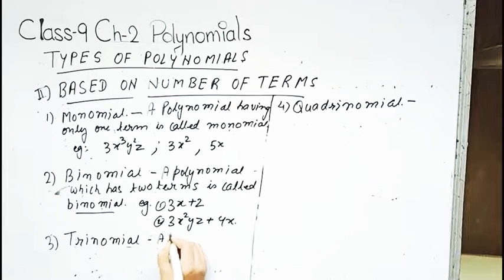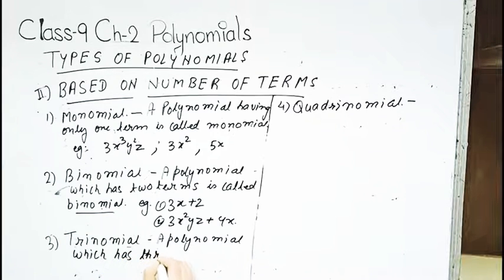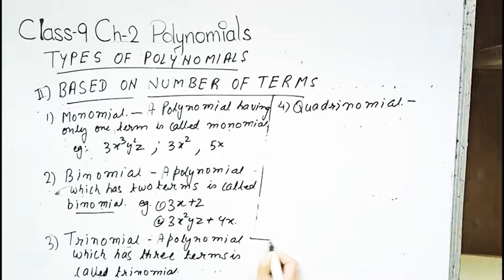Trinomial: a polynomial which has 3 terms is called a trinomial.